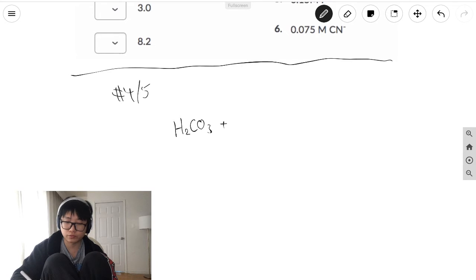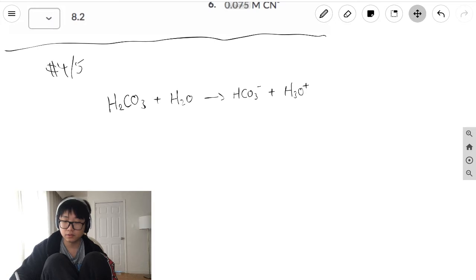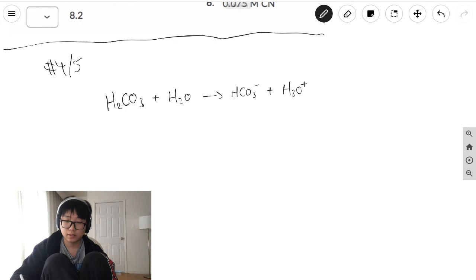Okay, so let's write the equation first. H2CO3, what am I adding it with? Water. And then what do I get as product? Okay, HCO3 minus and H3O plus. Perfect. Okay, so I have those things. So now what do I do with them? Yeah, put it in a nice table. All right, so what do I write as the starting quantity for H2CO3, or the initial quantity?